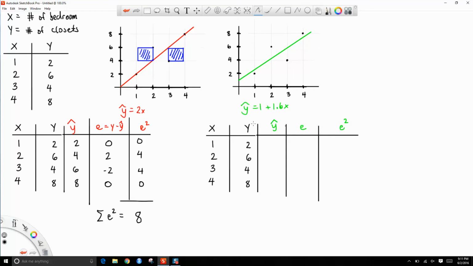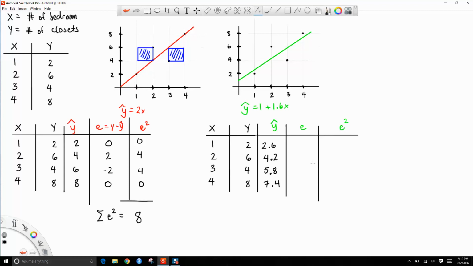According to the green line at 1, my prediction is 1 plus 1.6, so I would predict 2.6. At 2, I would plug in and get 4.2. And at 3, I would have 5.8. And at 4, I would have 7.4.